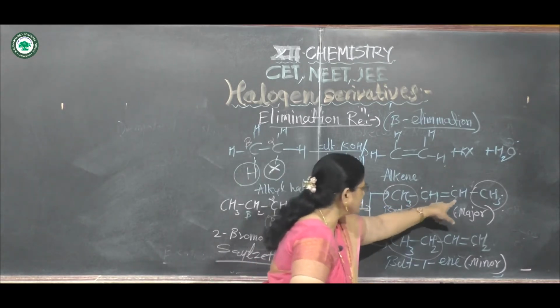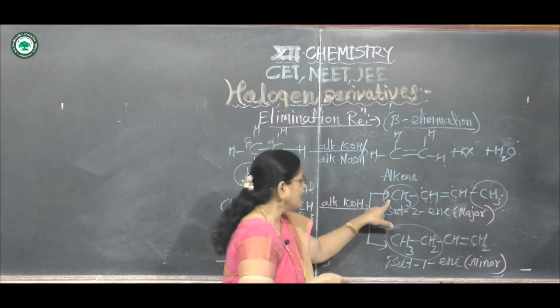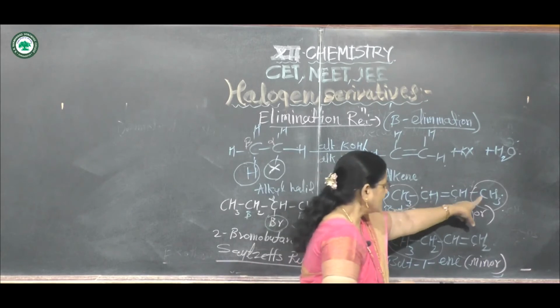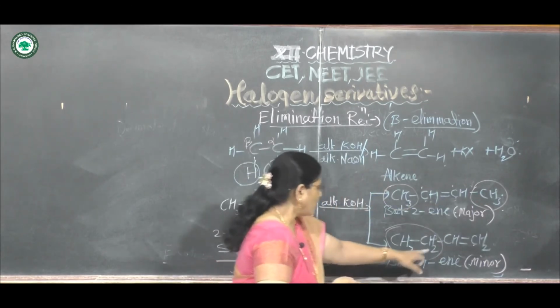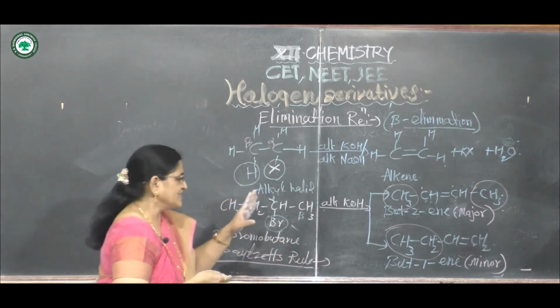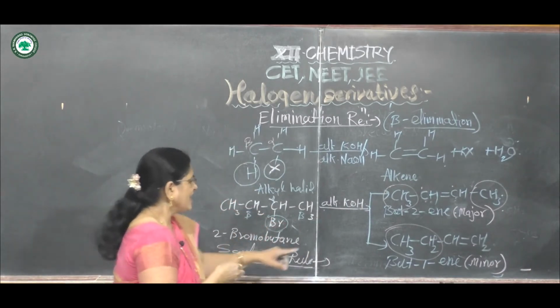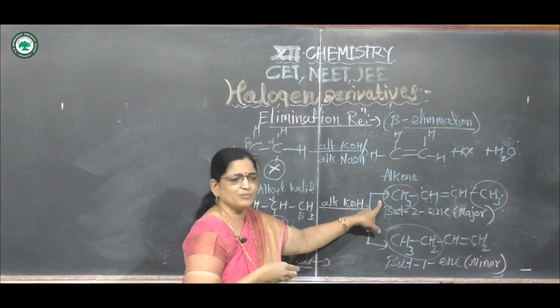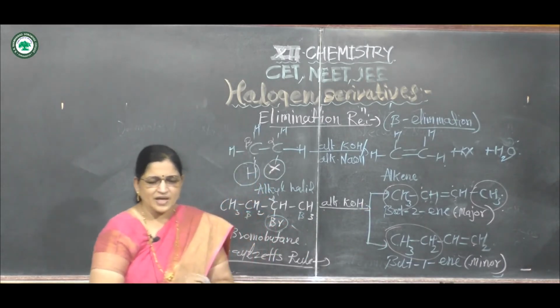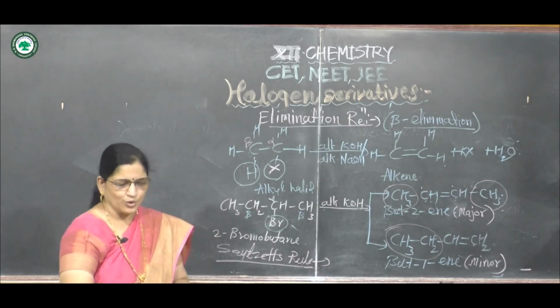This double bond is more substituted because it has two methyl groups, while the other has only one methyl group. Hence it is the major product and the other forms as the minor product.